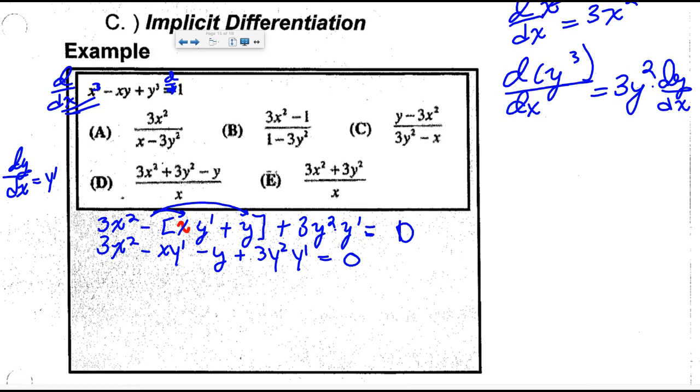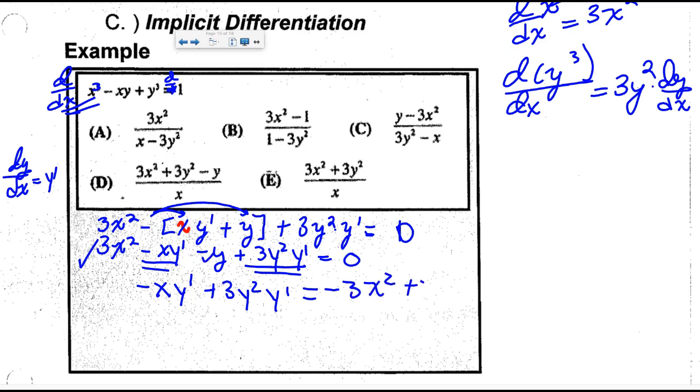Remember, we save all y prime terms over here on the left-hand side, and we move all non-y prime terms over to the right. So I'd have negative x y prime plus 3y squared y prime is equal to, move that guy over, minus 3x squared, move this guy over, and a plus y.